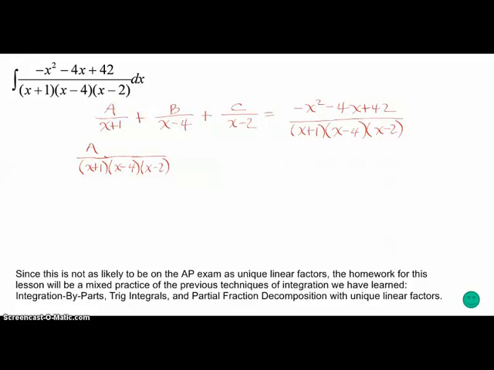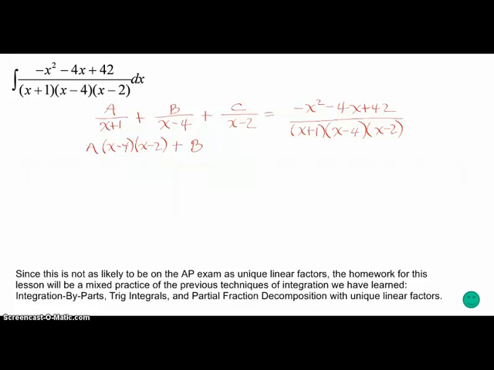So what we're going to have to multiply by is both the quantity x minus 4 and the quantity x minus 2. And then we would repeat that process for b, and we would repeat that process for c. Now I'm just going to, again, mess with what's going to be in the numerator, because the denominators are all going to be the same, because I'm after a common denominator here.